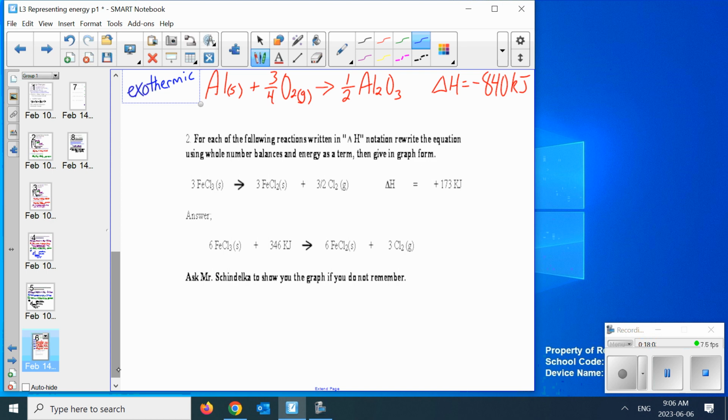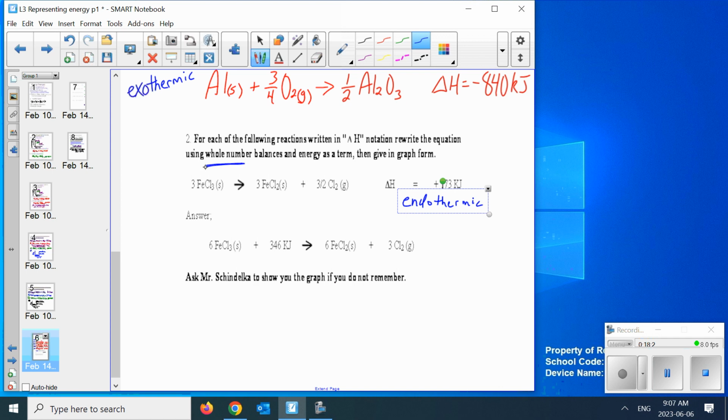So when I see positive delta H, that means it's endothermic. That means it's going to go on the left-hand side, the reactant side of the energy. Number-wise, though, I've got to clear the fractions for whole number balances.